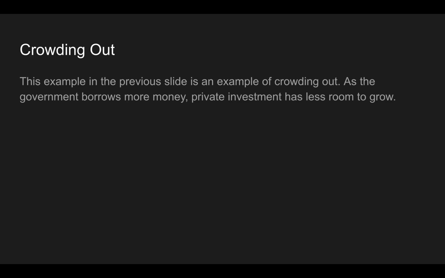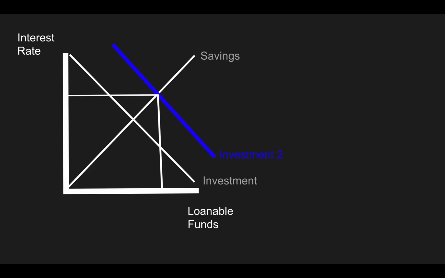And so they're going to put it back into the economy. But since the government is doing this, private investment has less room to grow because the interest rates are going up. And while there's a higher quantity of market loanable funds, since the interest rate is so much higher and the government has already put that investment back into the economy, it's harder for private firms to do the same thing.